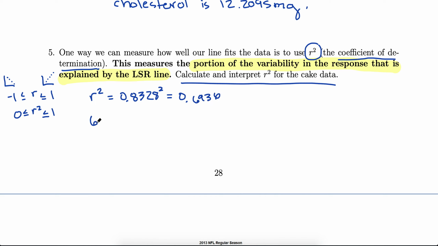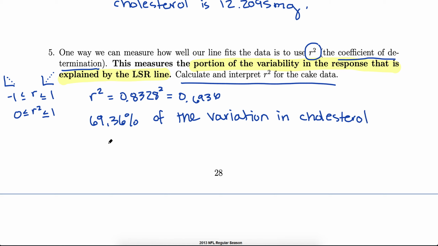And this is telling us that 69.36% of the variation in cholesterol, or our y variable, can be explained by the line. And since that's pretty high, it's closer to the 100% end of the spectrum than the 0% of the spectrum, we would say we feel pretty comfortable using our line for predictions.